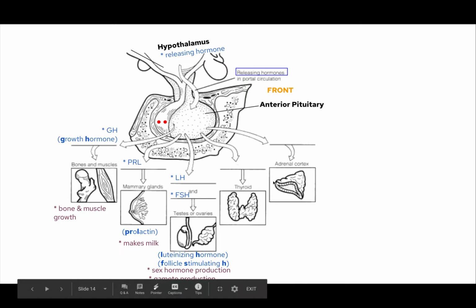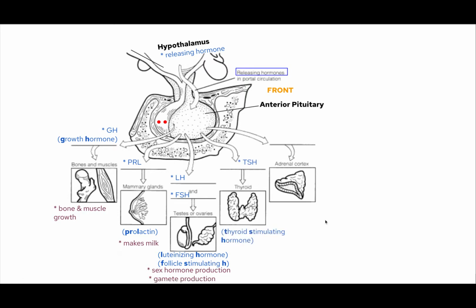All right, then we have the TSH, or thyroid stimulating hormone, and as the name suggests, it stimulates the thyroid. It's going to tell your thyroid to make its hormones T3 and T4. T4 is thyroxine and T3 is triiodothyronine, blah, blah, blah.